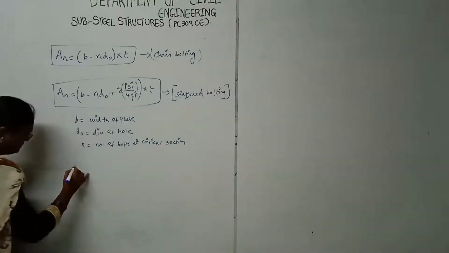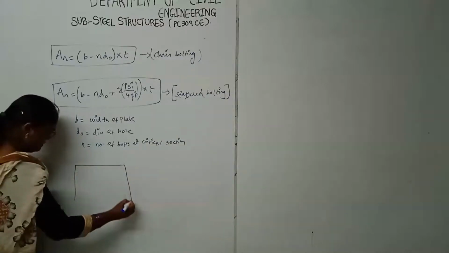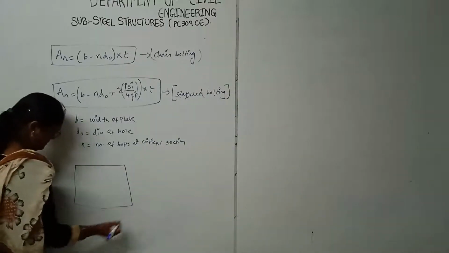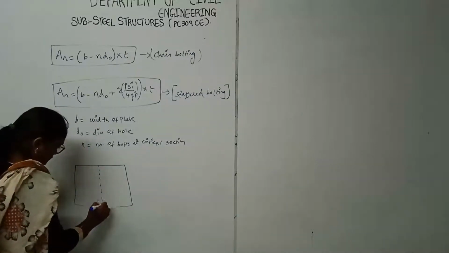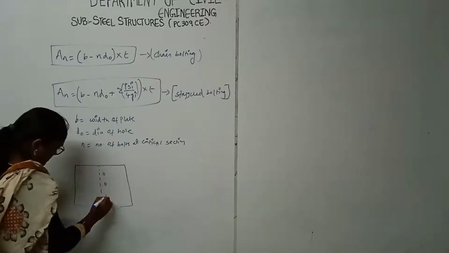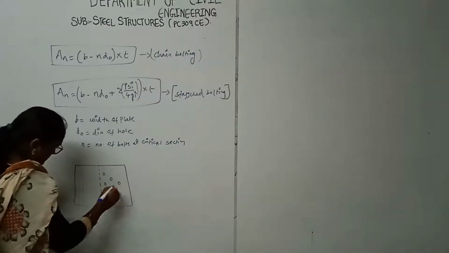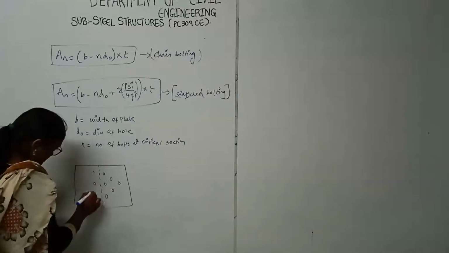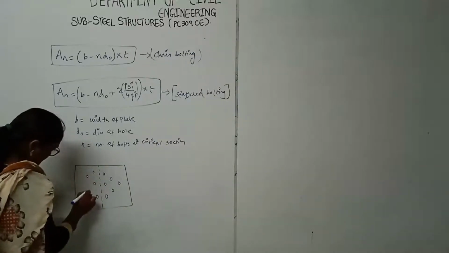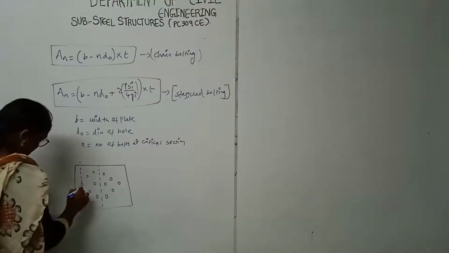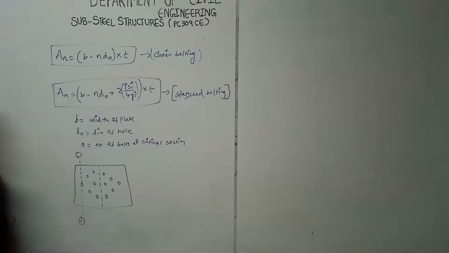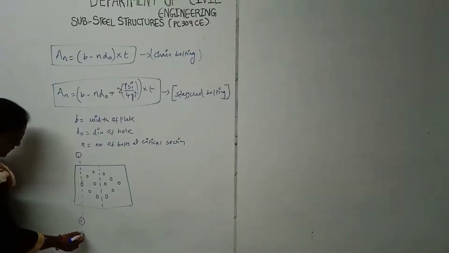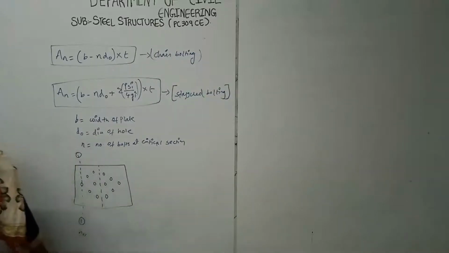See here, if the failure is occurring here, what will we be taking? So the number of bolts at the critical section will be N is equal to 1, right? Here N is equal to 1.